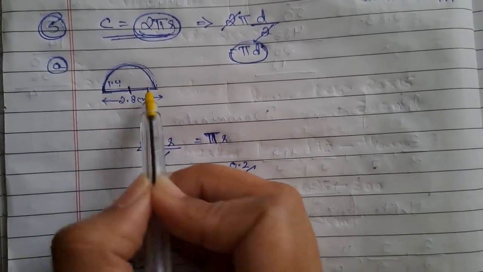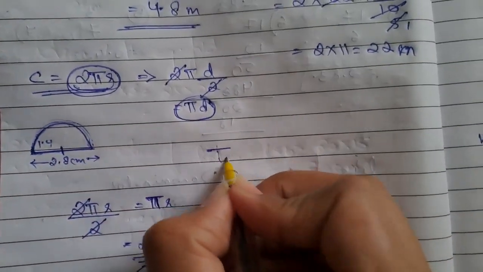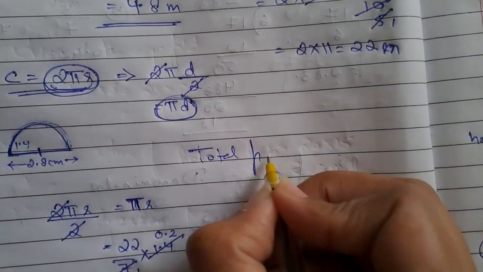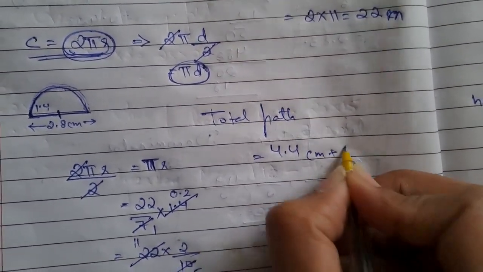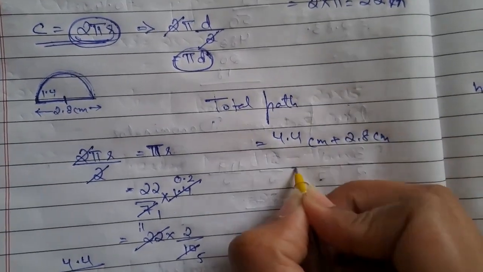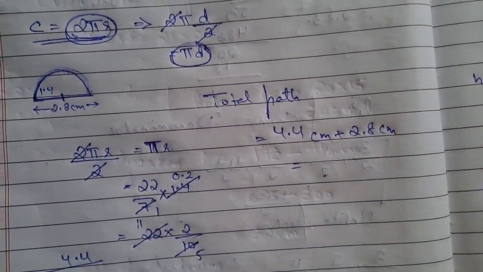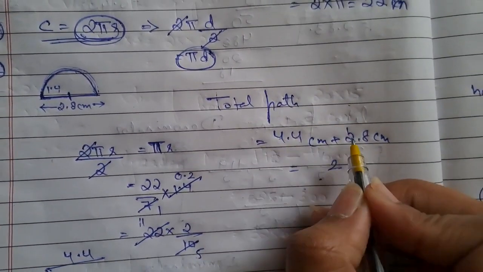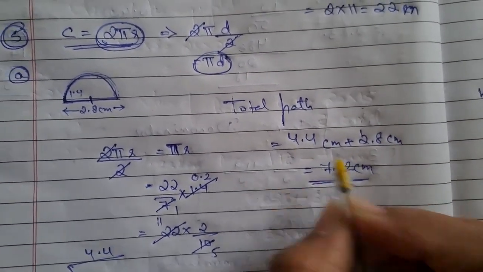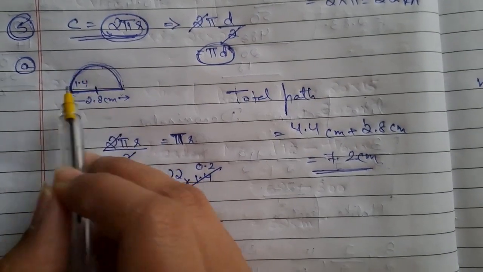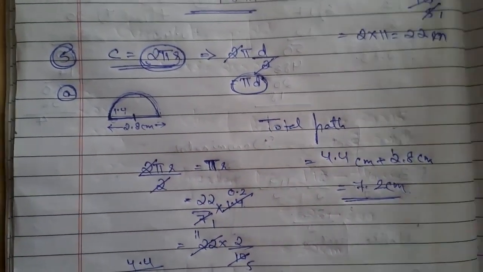How about this one? 2.8. So total path for the first figure is 4.4 centimeters plus 2.8 centimeters. That turns out to be 4 plus 8 is going to be 12. 1 and 2, 4, 5, 6, 7, 7.2 centimeters is the circumference, the distance that the ant is going to go around the first food particle.